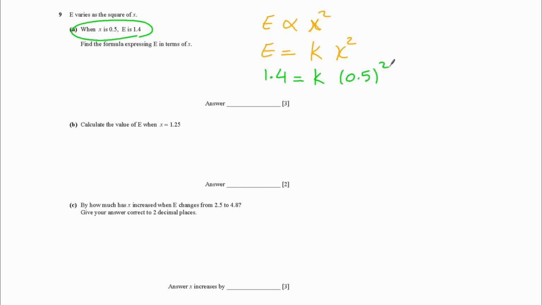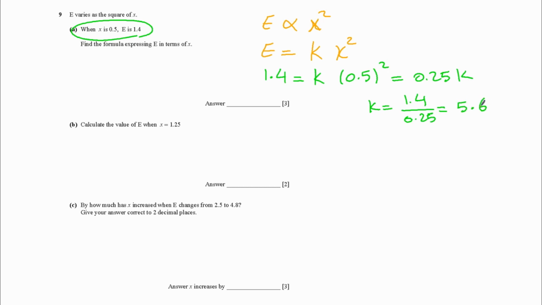Now, I need to divide both sides by 0.5 squared. 0.5 squared is 0.25, so 1.4 equals 0.25k. So k would be equal to 1.4 divided by 0.25, which is times 4, that would be 5.6.